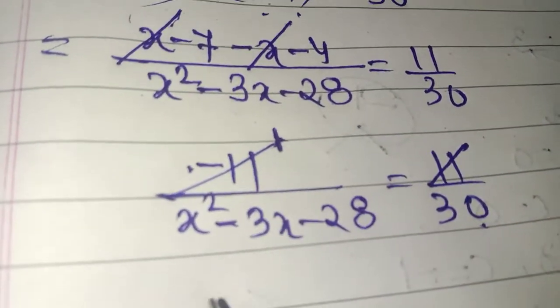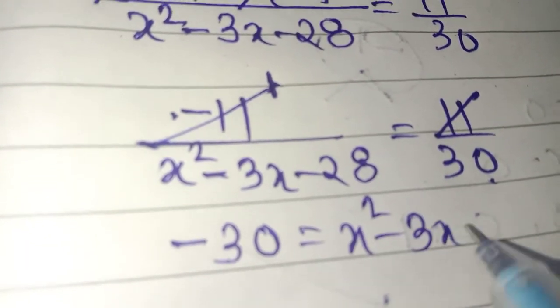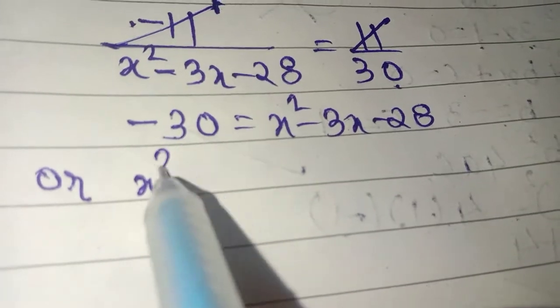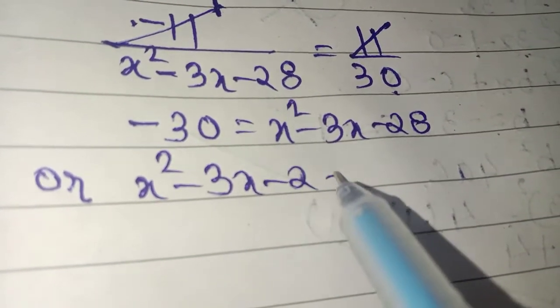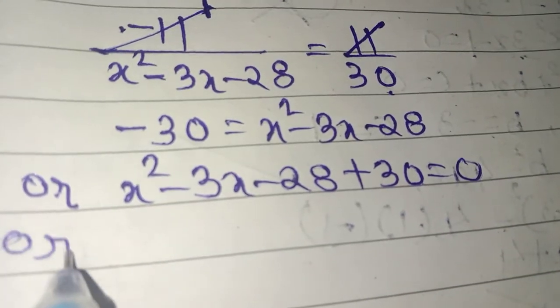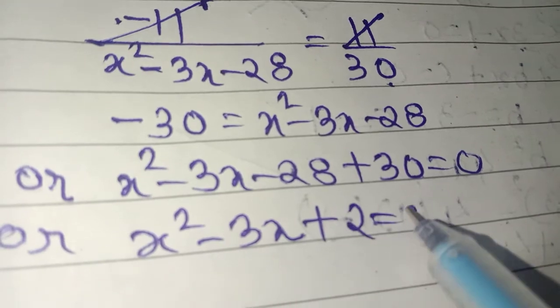So cross multiplication, it will be minus 30 is equal to x square minus 3x minus 28, or it can also be written as x square minus 3x minus 28 plus 30 is equal to 0, or x square minus 3x plus 2 is equal to 0.